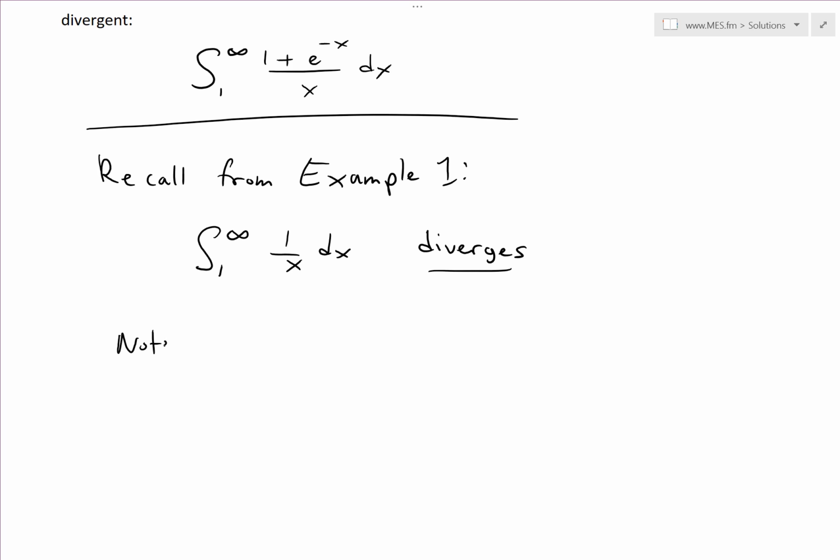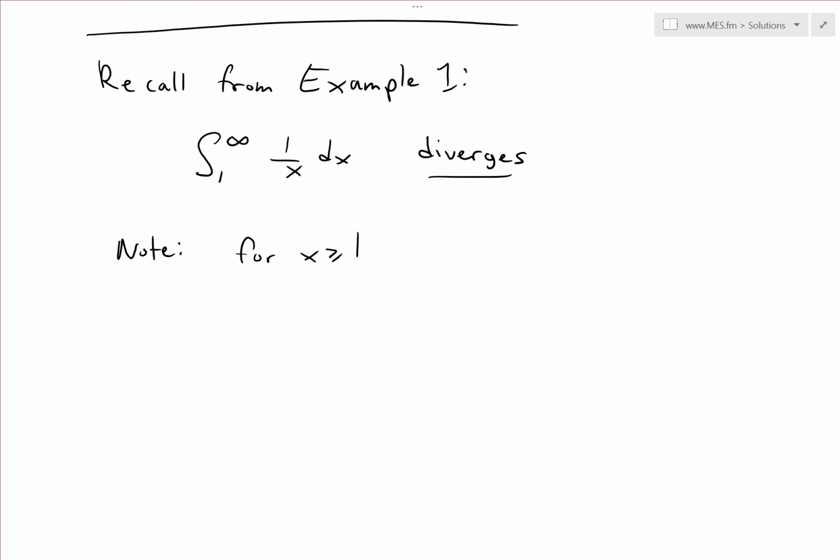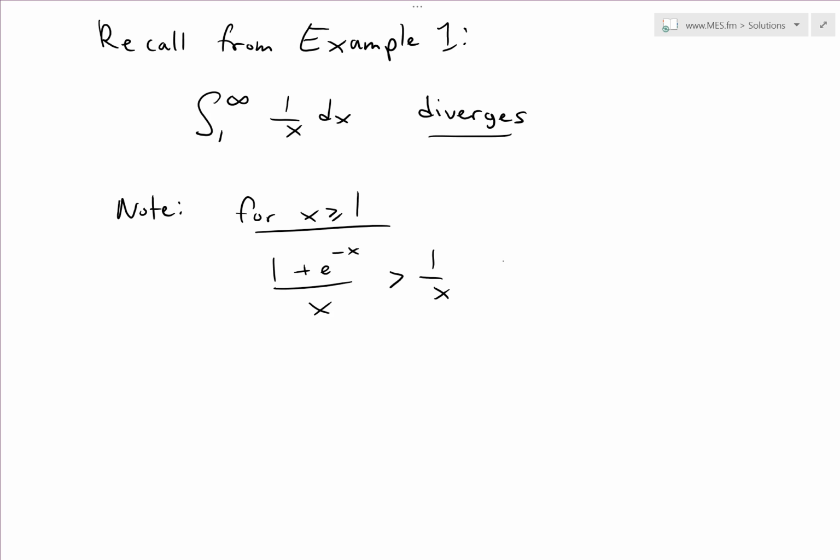So we also note that x is greater than or equal to 1. So from this interval from 1 to infinity, we have (1 plus e to the power negative x) all over x. Well, this is greater than 1 over x, because the function e to the power negative x is just the same thing as writing 1 over e to the power of x.